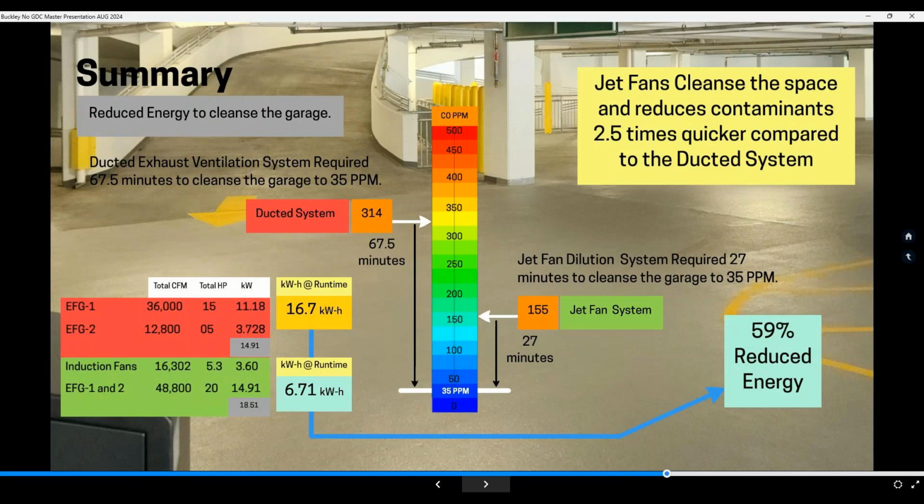It took 27 minutes to totally cleanse that garage, at 6.71 kilowatt hours, or a 59% reduction in energy. So the takeaway here is that jet fans cleanse the space and reduce contaminants almost 2.5 times quicker when compared to the ducted system.